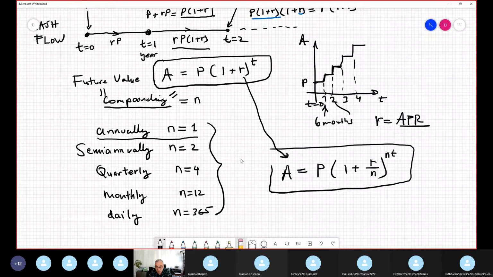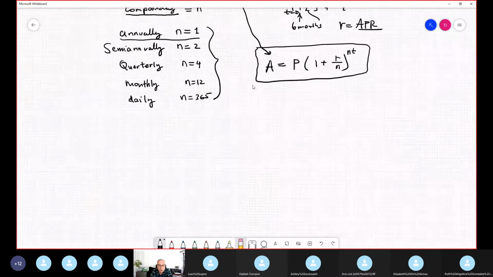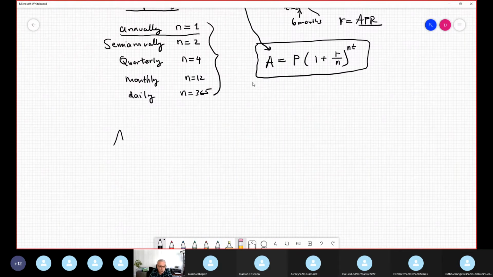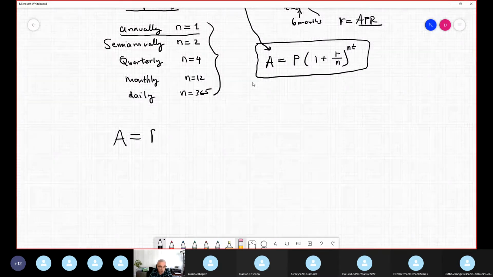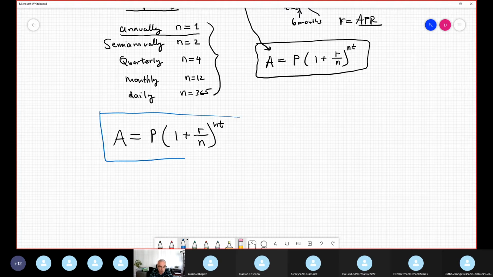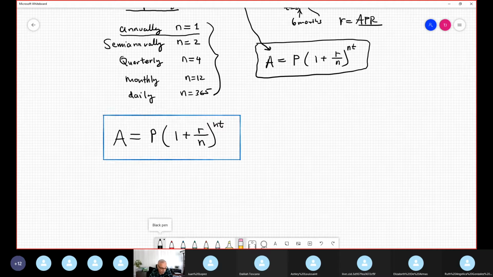Okay, this is my final formula. Actually, let me summarize in detail the formula. Look, this is the future value formula. Future value is equal to present value times 1 plus R over N, to the power NT. Okay, good. Now I have another formula that is exactly the same formula, but in this case you isolate present value.